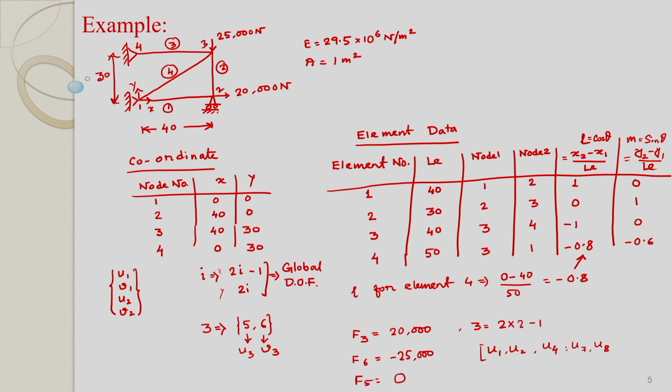So, all these are 0. You can notice there are total 8 degrees of freedom. Out of that, for 5 degrees of freedom, displacements are prescribed, and for remaining 3, forces are prescribed. So, either displacement or the force will be prescribed for a particular degree of freedom.